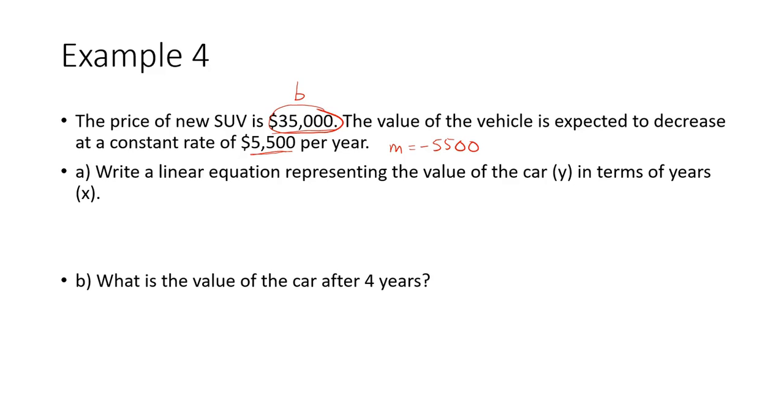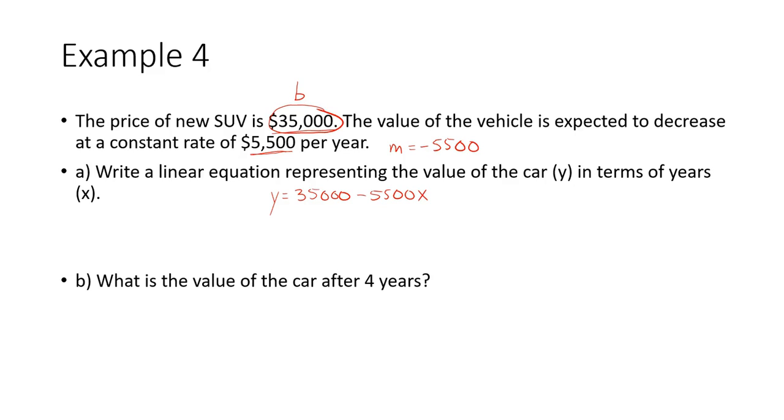And so if we want to write a linear equation that represents the value of the car, y, that's equal to the initial cost minus the amount it goes down each year.